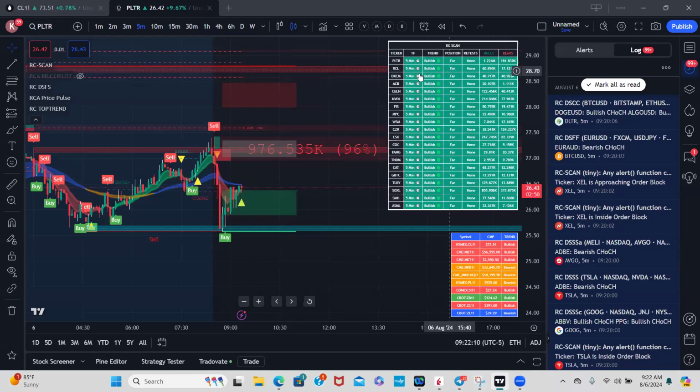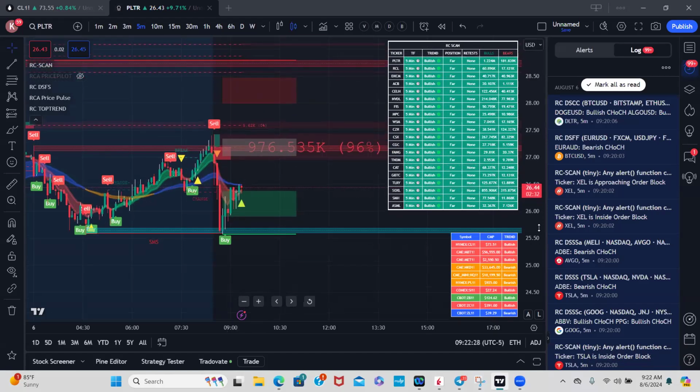If you also see RCL, 60.89 buyers, 17.12 sellers. That means overall it is bullish. And if one of these stocks comes to a bull order block, right, buy order block, then that is a much better opportunity. So without risking your own money, you can trade and you can make nice gains every day.